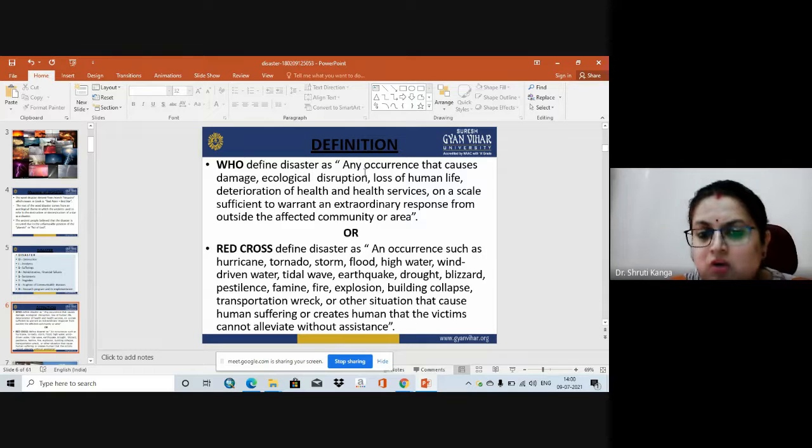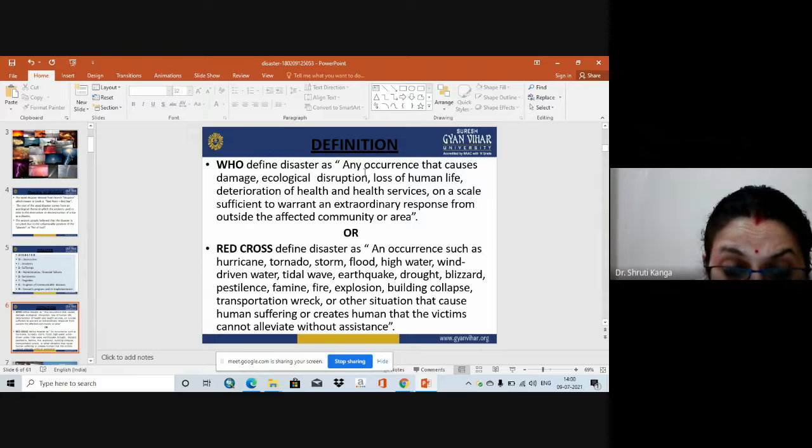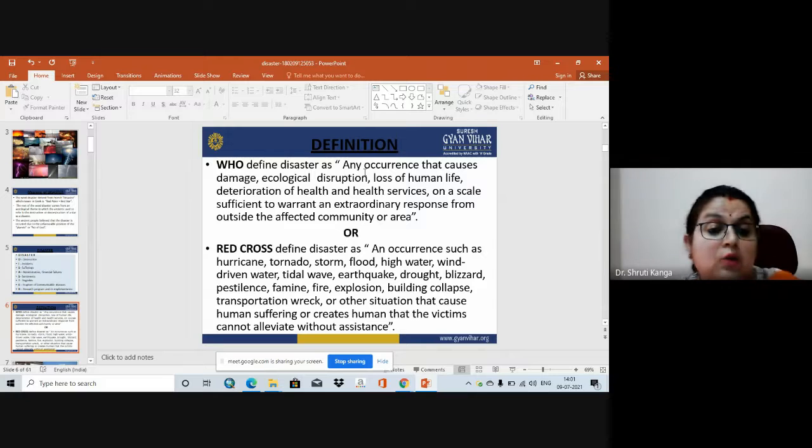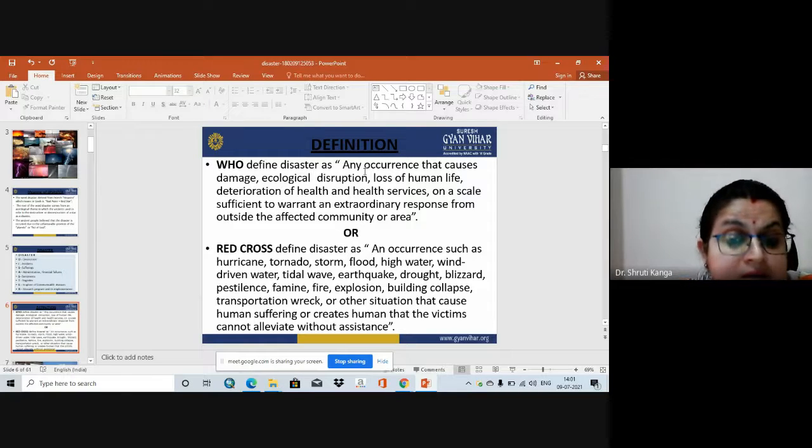or a situation that causes human suffering, where the victim cannot be relieved without assistance. Okay, so according to the Red Cross, any occurrence in terms of different incidents, of which I told you many, due to which a human being is suffering so much that he cannot be left without the help of medical staff or the hospitals.